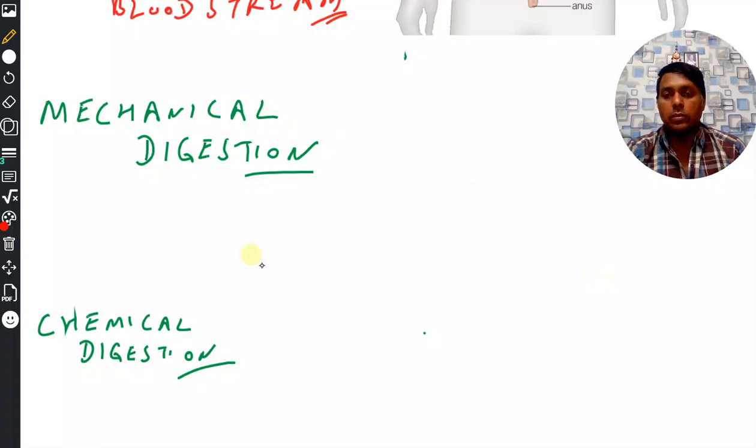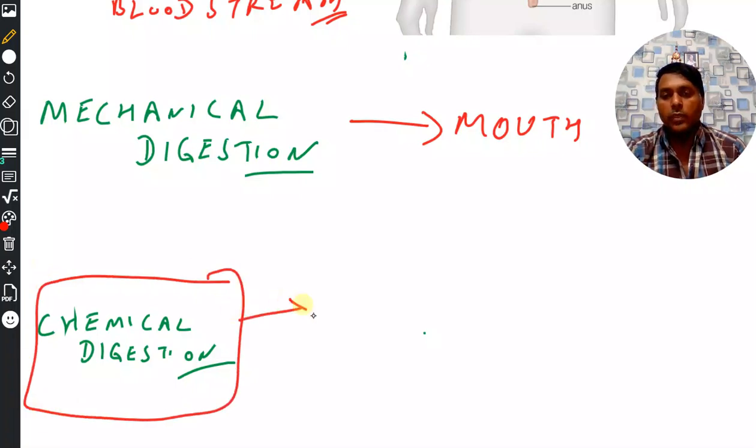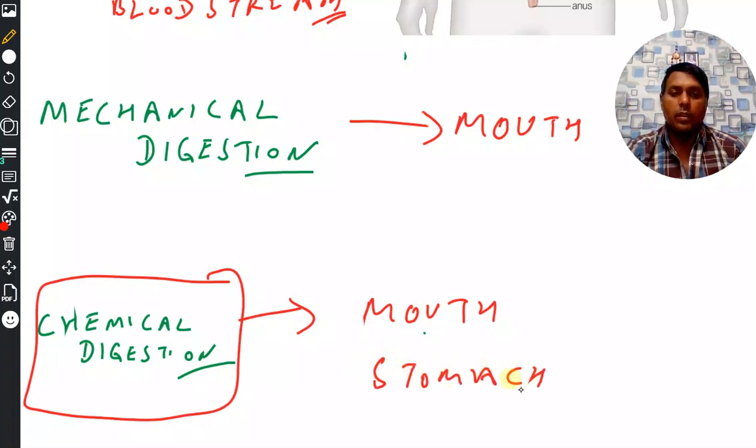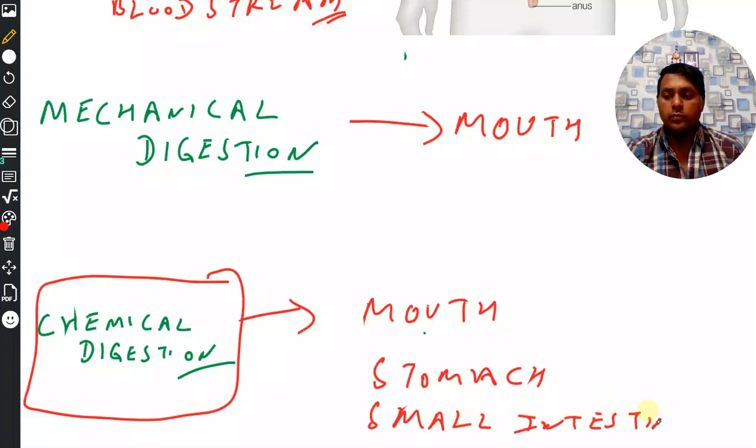So basically there are two types of digestion. What is mechanical? It is done in the mouth. And the chemical digestion is also there. It is in the mouth, stomach, and small intestine. So what is mechanical digestion?